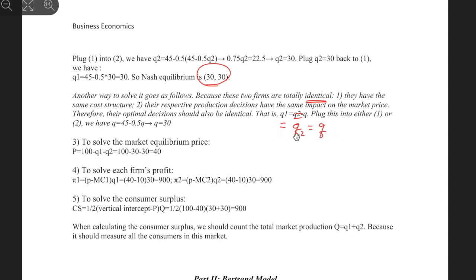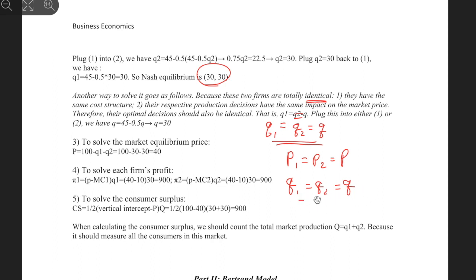So we substitute every Q with the same value, just like price 1 equals price 2 equals P. We have quantity 1 and quantity 2 should be the same, because we are sharing the same size, right?